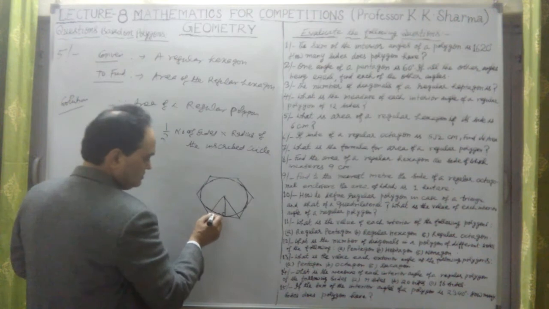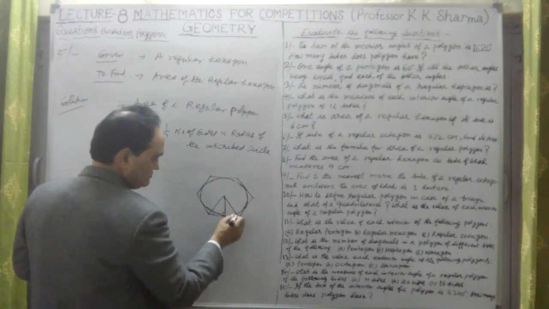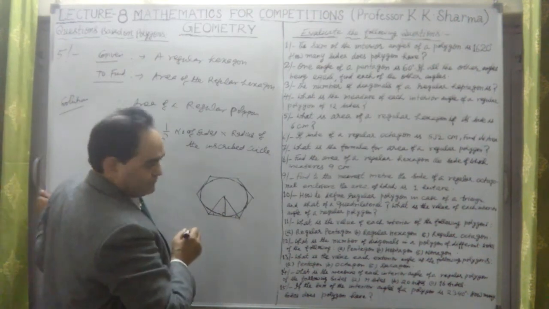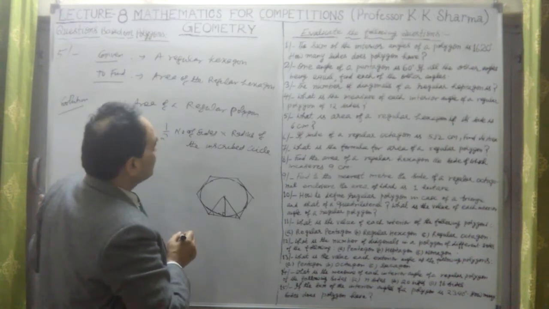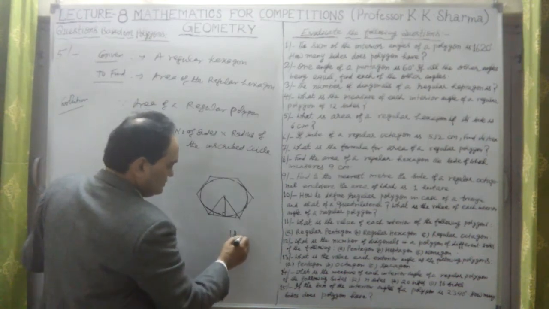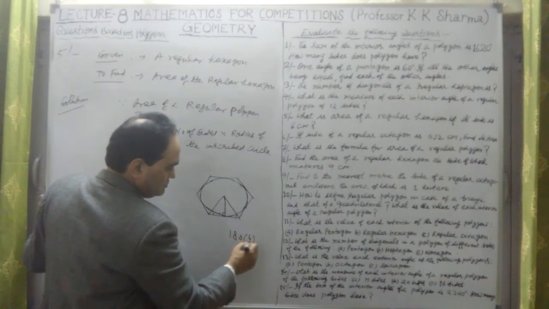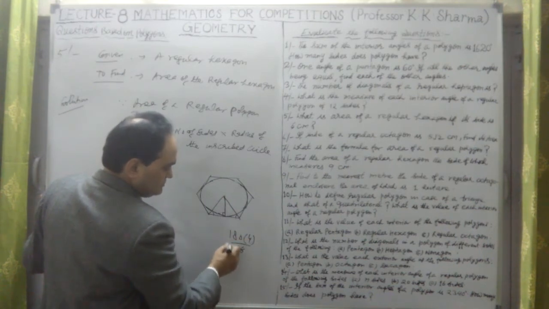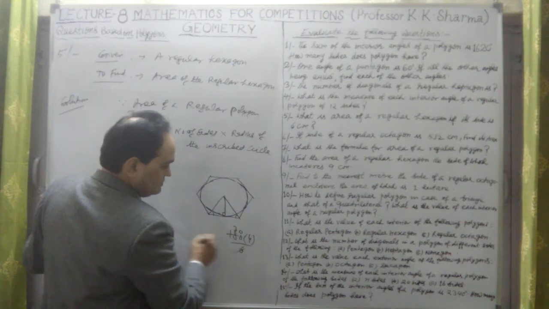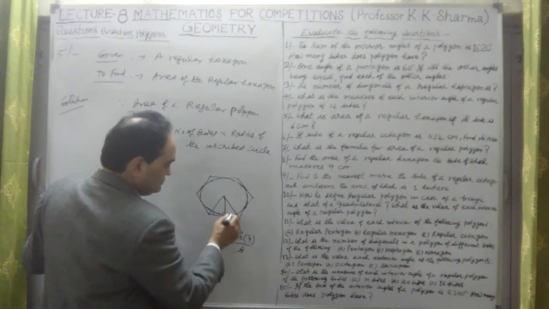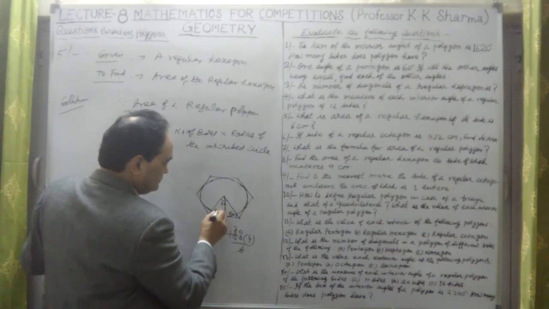Now each angle in case of a hexagon is 120 degree, because 180 degree into n minus 2, 6 minus 2 is 4, 4 upon 6, times 180 gives 120 degree each, so this is 60 degree. This is also 60 degree, and this is also 60 degree.